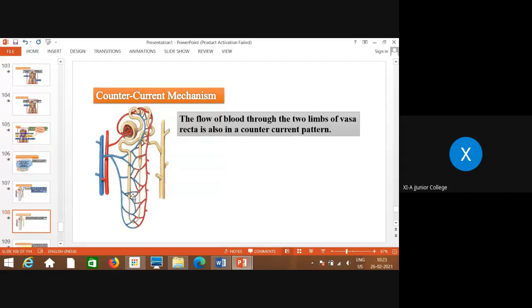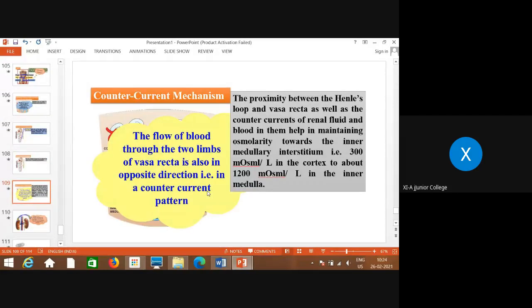So both run in the opposite direction, and that helps in the counter current mechanism where the urine is made concentrated.